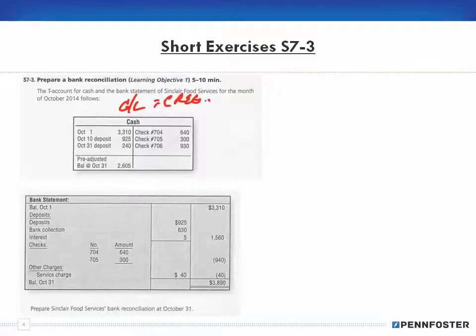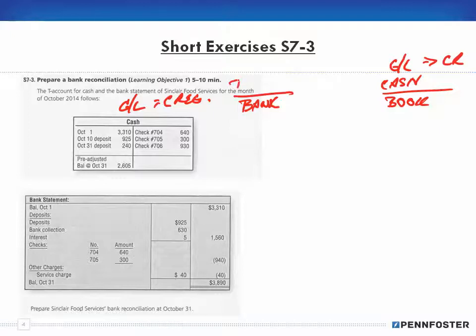We're going to do this bank reconciliation, and the way you do it is on one side you put the bank, and on the other side, we're calling it the book. The book is our GL cash or our check register, and of course the bank is the bank statement.